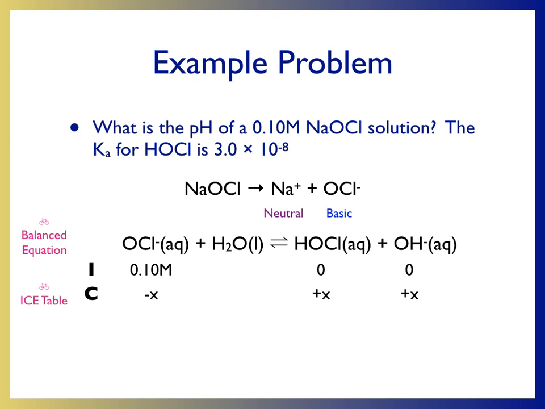The hypochlorite ion will change by minus x, and hypochlorous acid and hydroxide will change by plus x. Therefore, at equilibrium, we'll have 0.1 molar minus x for the hypochlorite ion concentration, and x for the hypochlorous acid and hydroxide ion concentration.